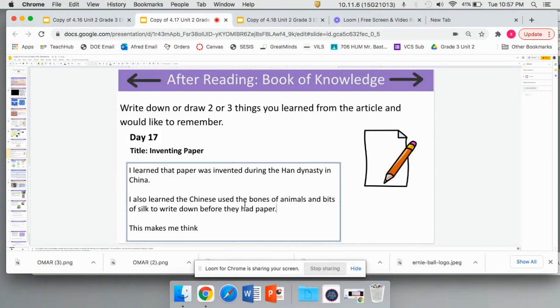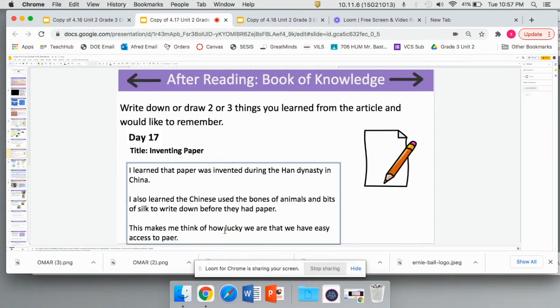So I also learned the Chinese used the bones of animals and bits of silk to write down before they had paper. This makes me think of how lucky we are that we have easy access to paper.